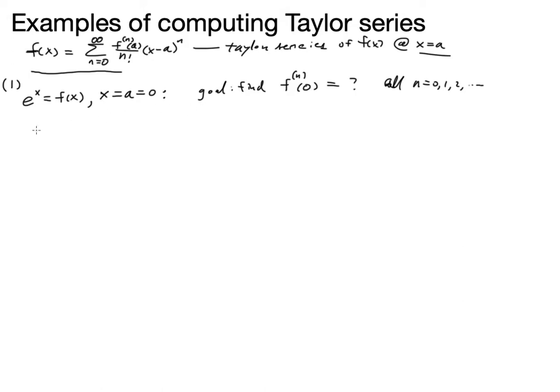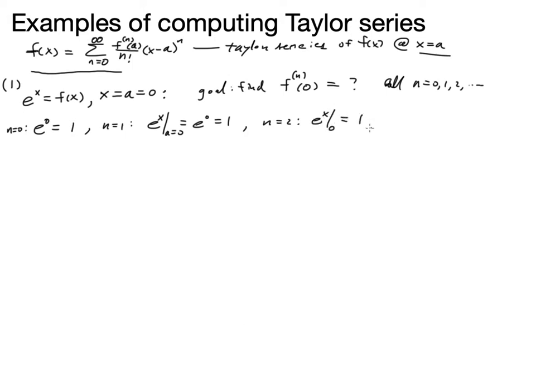So let's do it. For n equal to 0, e to the 0 is equal to 1. For n equal to 1, we know that the derivative of e to the x is e to the x, and evaluating at a equals 0 gives e to the 0, which is equal to 1. Then n equal to 2: the derivative of e to the x is e to the x, and the second derivative is e to the x again.